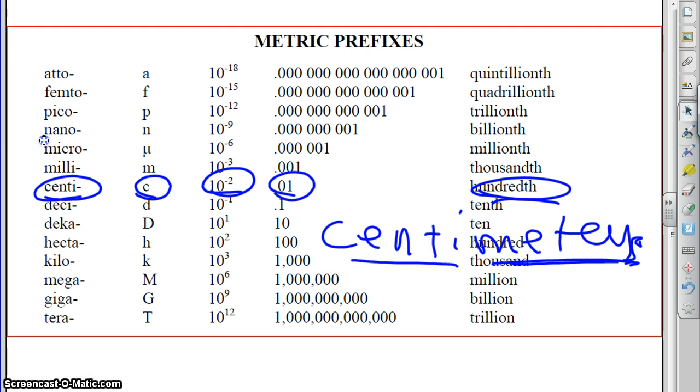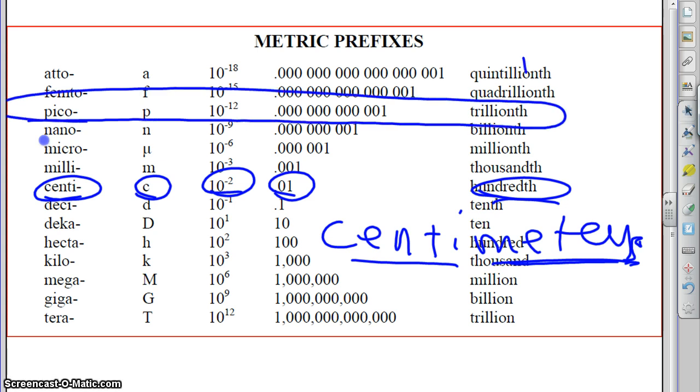Similarly, if I have a picometer or even picoliter, then that would be one trillionth or 10 to the negative 12th of a liter. And those are fractional, those are the small ones, but you also have large ones. You have a kilo.